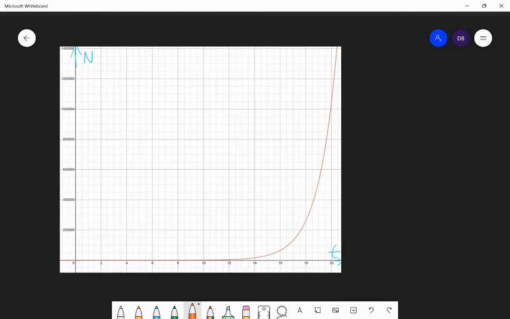Now, the problem with this is that you can definitely get a general sense of how many bacteria there are after 20 seconds. Somewhere around there, so I could read off that value there. And I could just about read off 16 seconds and maybe 14 seconds, but for the first 12 seconds, it looks like there were no bacteria at all, and then they suddenly appeared out of nowhere.